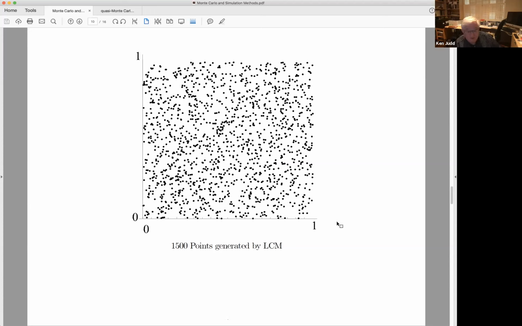And this is what 1,500 points generated by an LCM looks like. Now, the thing to notice here is that, remember, law of large numbers everybody knows about. What people tend to forget about is the central limit theorem that says that you do one of these random samples on a particular box, and you're going to get a sample of points from that box.